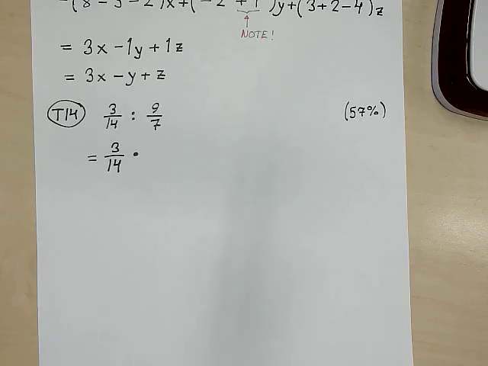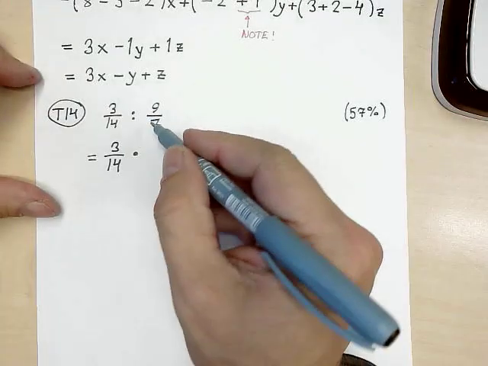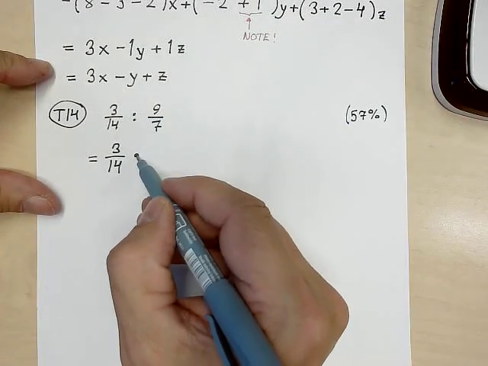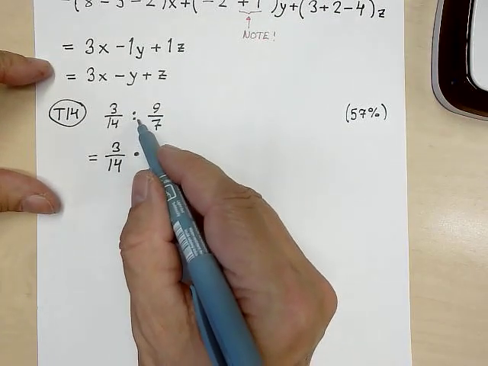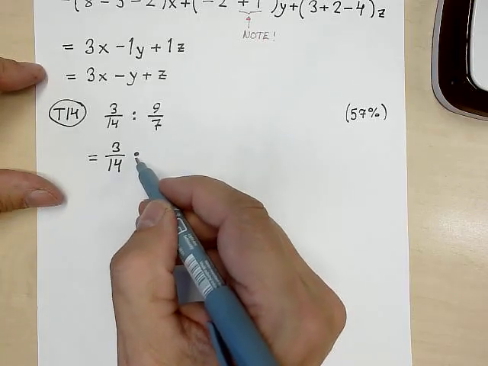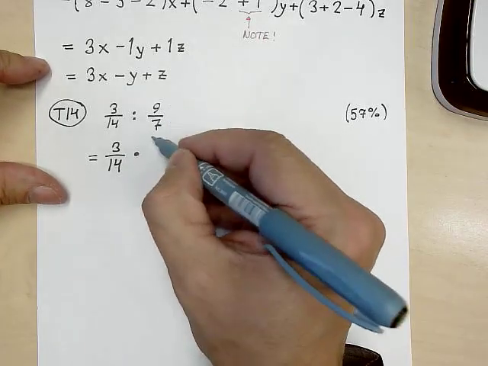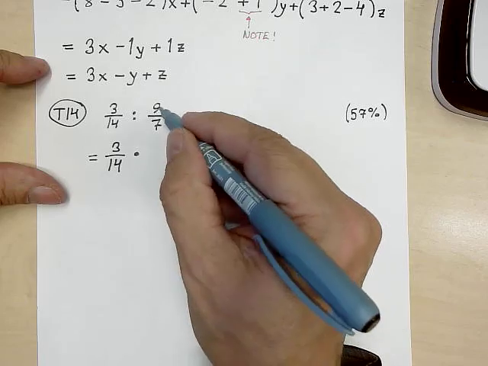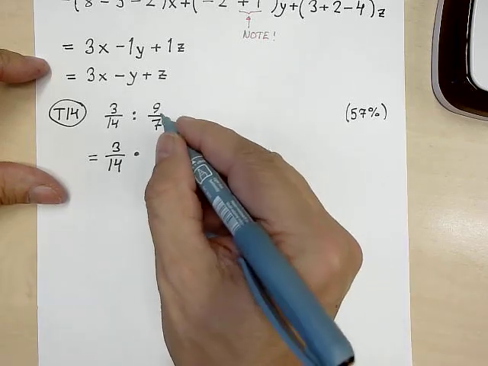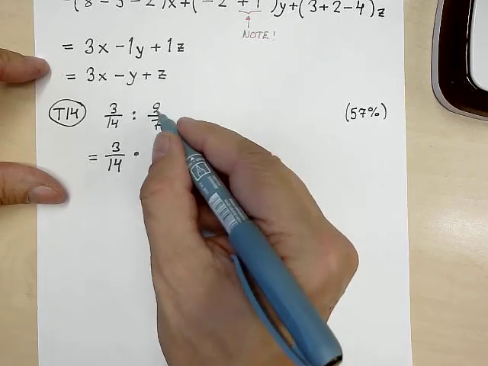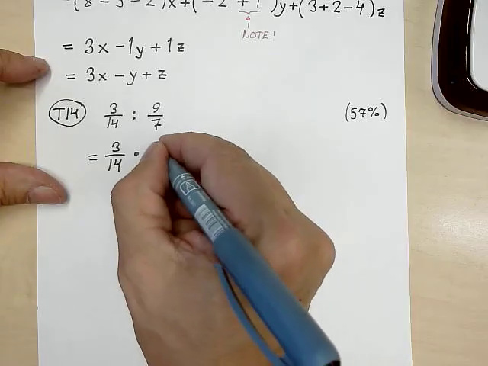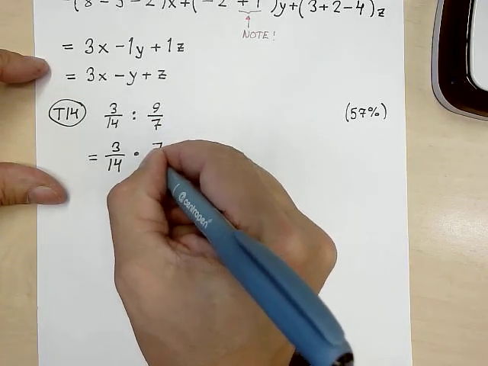And when it becomes multiplication, the dividend and divisor change places. So we have to change also the order of these two numbers here, so it becomes inverse. 9 divided by 7 becomes 7 divided by 9.